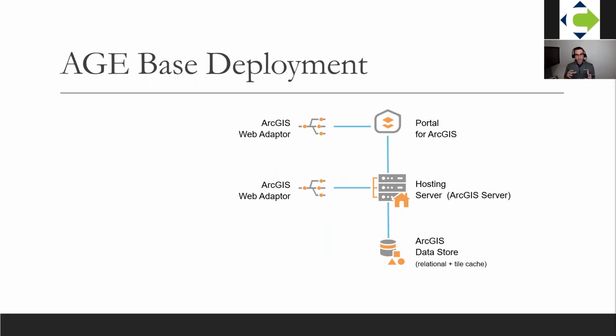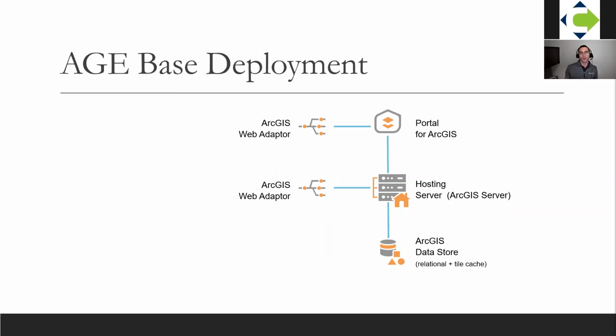So that is your hosting server. That is what's making all the data available through the internet, giving it a place to be served up. And then the third big one is the ArcGIS Data Store. Now, data store is a general IT term that they've coined, right?